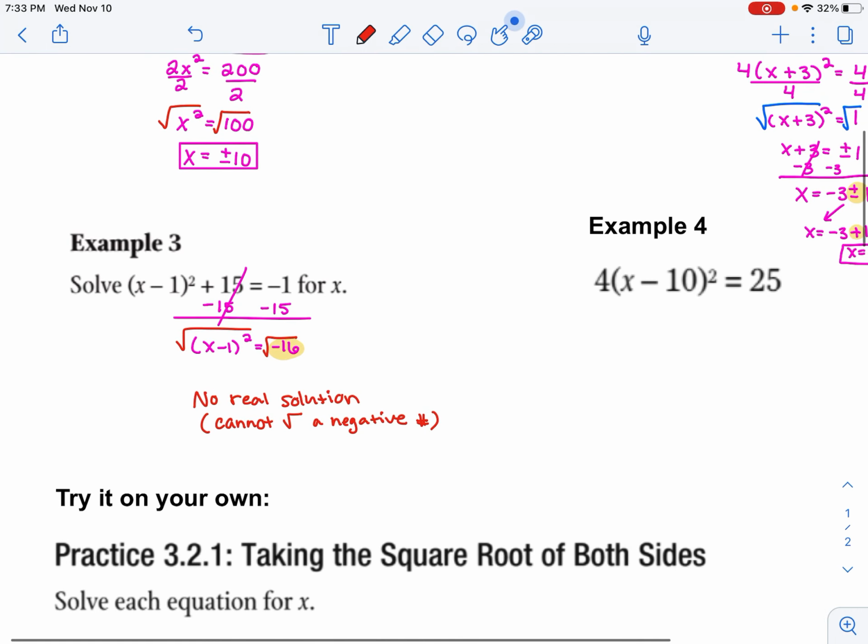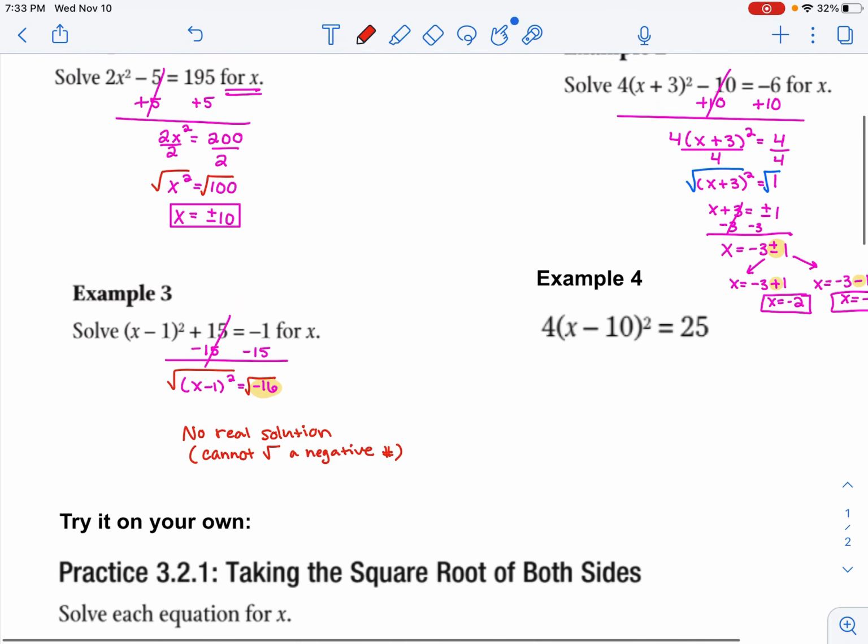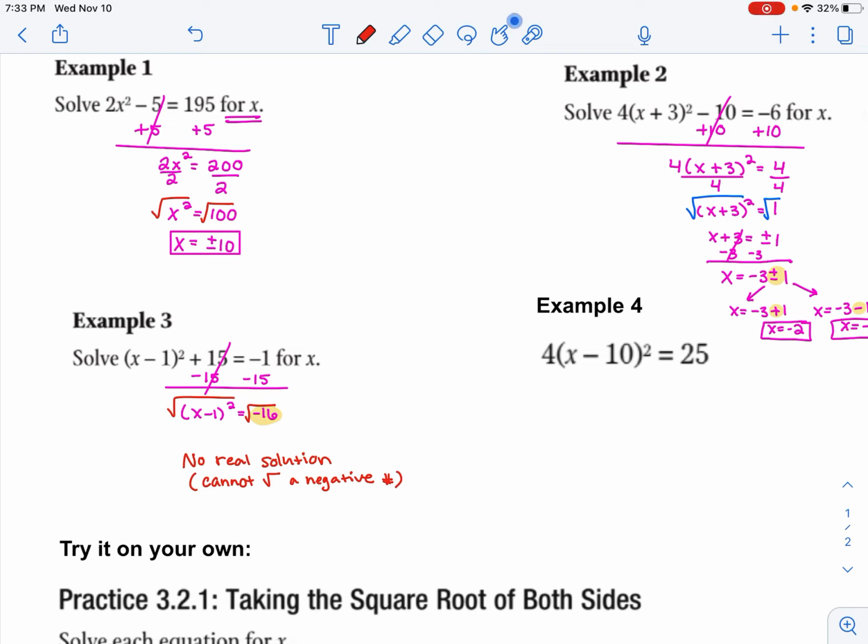All right, so looking at example 4, notice I have 4 being multiplied by (x - 10)² equals 25. So we want to isolate that squared term. So I'm going to have to get rid of that 4 that's in the front there. So I'm going to divide, because right now it's being multiplied by that term.